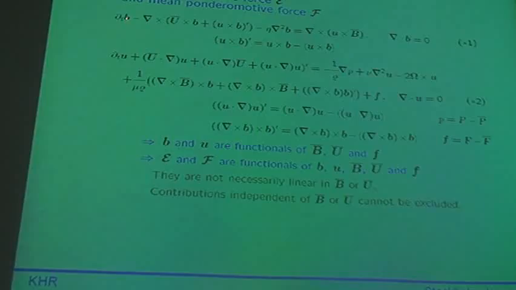You have now an equation for small b and for small u, and b and u are now functionals of B averaged and U averaged, and if you have an external driving force of F. So also E and F have this structure, and they are not necessarily linear in B bar and U bar.